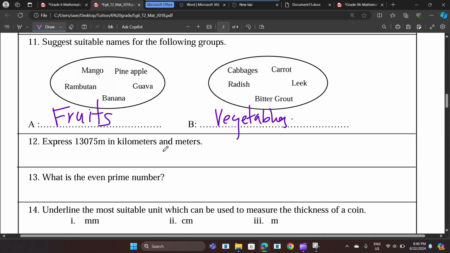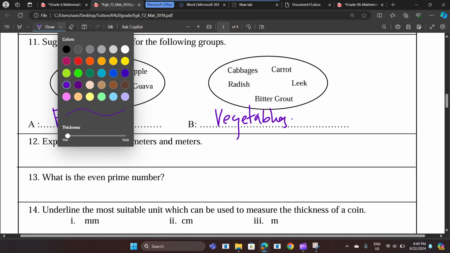The next question is the 12th question. Express 13,075 meters in kilometers. We have to know about the connection between meters and kilometers.